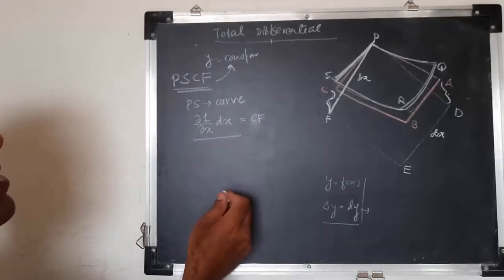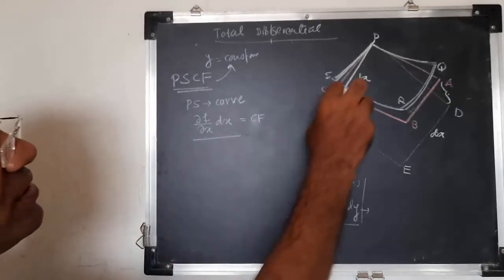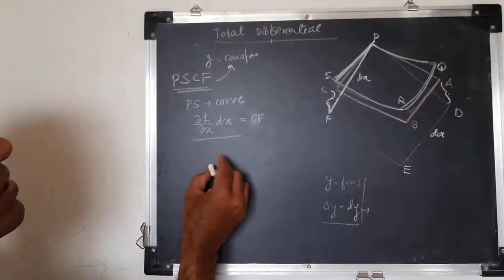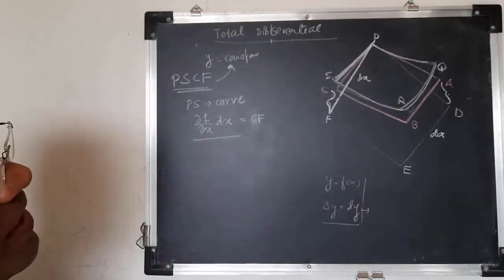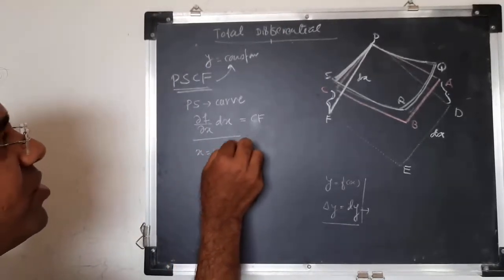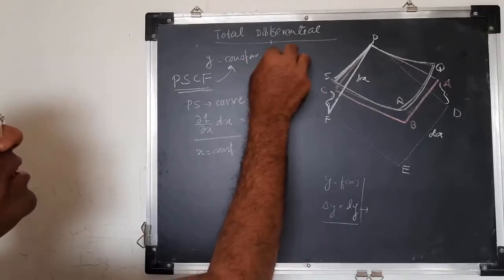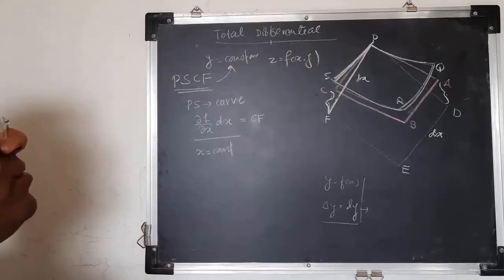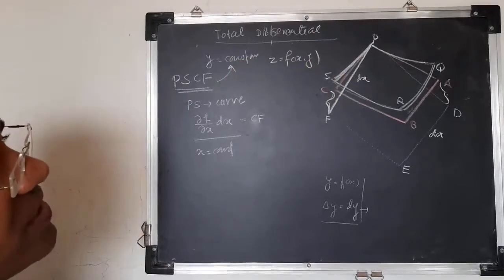Now suppose we want to consider what? This is the change. Now which plane do I have to consider? Suppose x is constant, because it is a function of two variables. Z is a function of your x and y. Initially we considered y, so which surface do I want to consider over here?